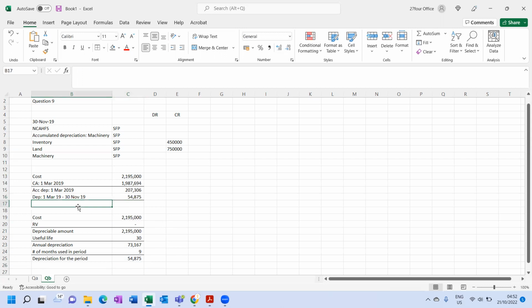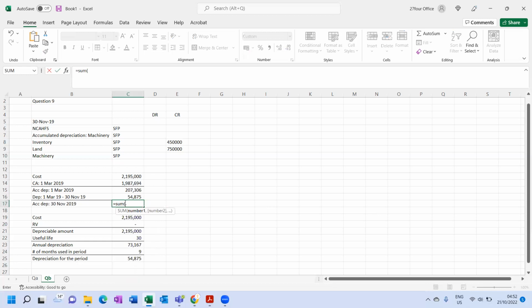So accumulated depreciation at 30th November 2019 would be the sum of these amounts. Accumulated depreciation will be that. Cost will be 2195,123.